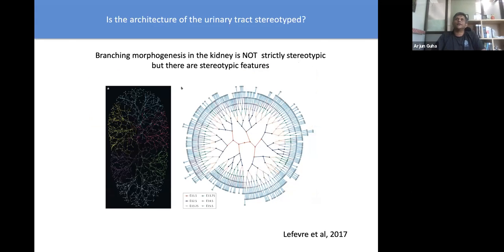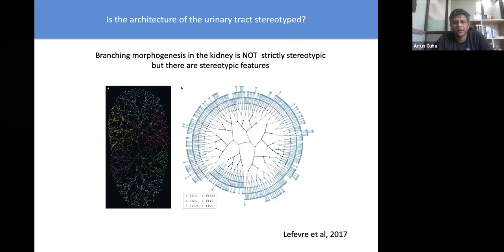So now we come back to the big questions. And the big question in the context of the kidney, with respect to the lung, is: is the architecture of the urinary tract stereotyped? So the word stereotyped here requires some definition. What Ross Metzger showed many years ago when he studied the branching morphogenesis of the lung is that if you were to look at the three-dimensional position of every branch that is forming in a developing mouse lung in time, you would find that its spatial location in one lung is identical to its spatial location in another lung.